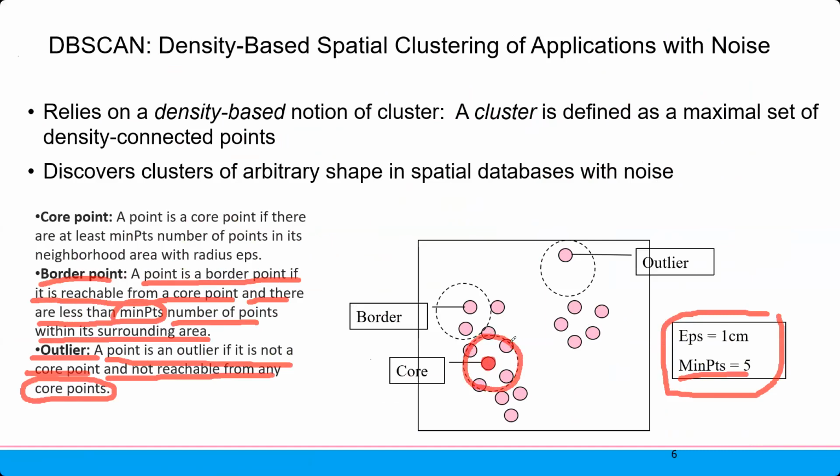The radius is 1 centimeter, and inside this radius we can find 1, 2, 3, 4, 5. So there are 5 points in the radius, so I can say that this is the core point.